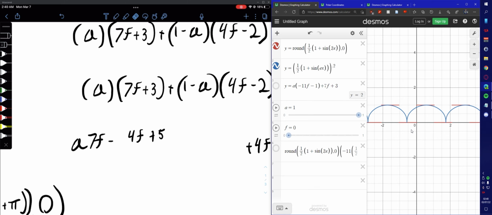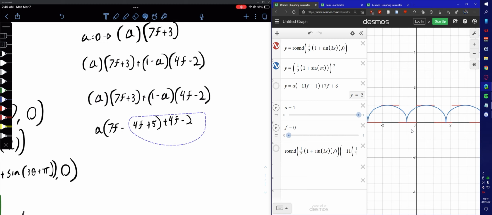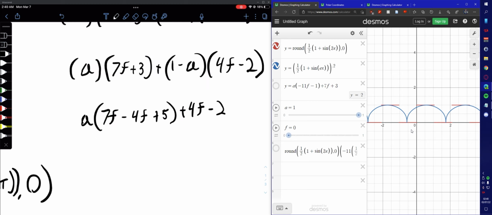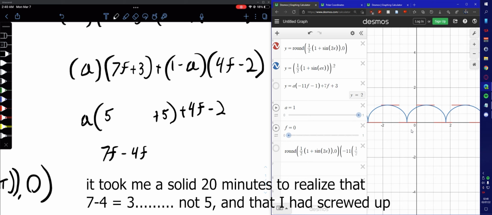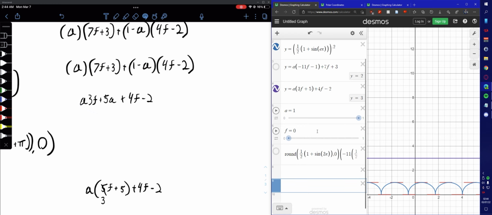We're going to factor out a here, and combine these. Okay. 3f plus 5.